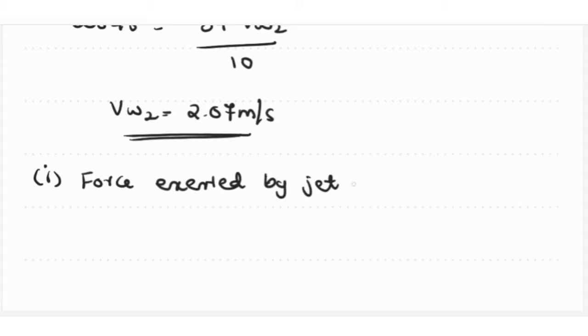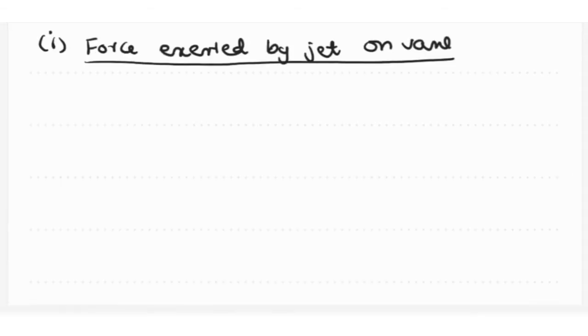So let us go with the first one, force exerted by jet. The difference between a single vane and a series of vane is in the place of mass per second. For the single vane we will substitute rho into a into relative velocity, but here we will substitute for a series of vane as a velocity of jet.